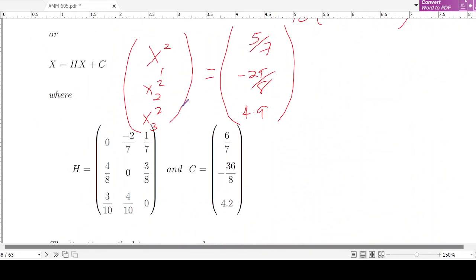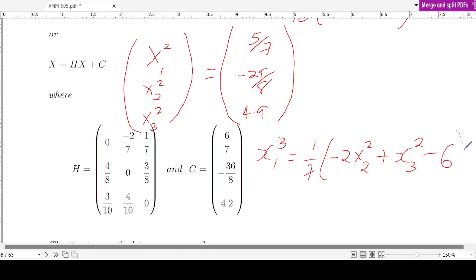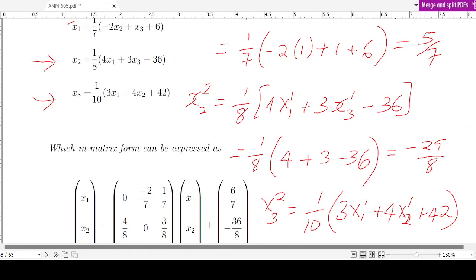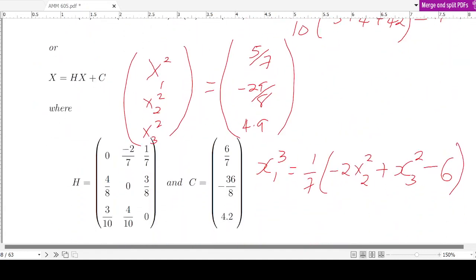So we write, using now these values, X1,3, which is equal to 1 over 7, minus 2 x2,2, plus x3,2, minus 6. I don't know whether it was minus or plus. It's plus 6.